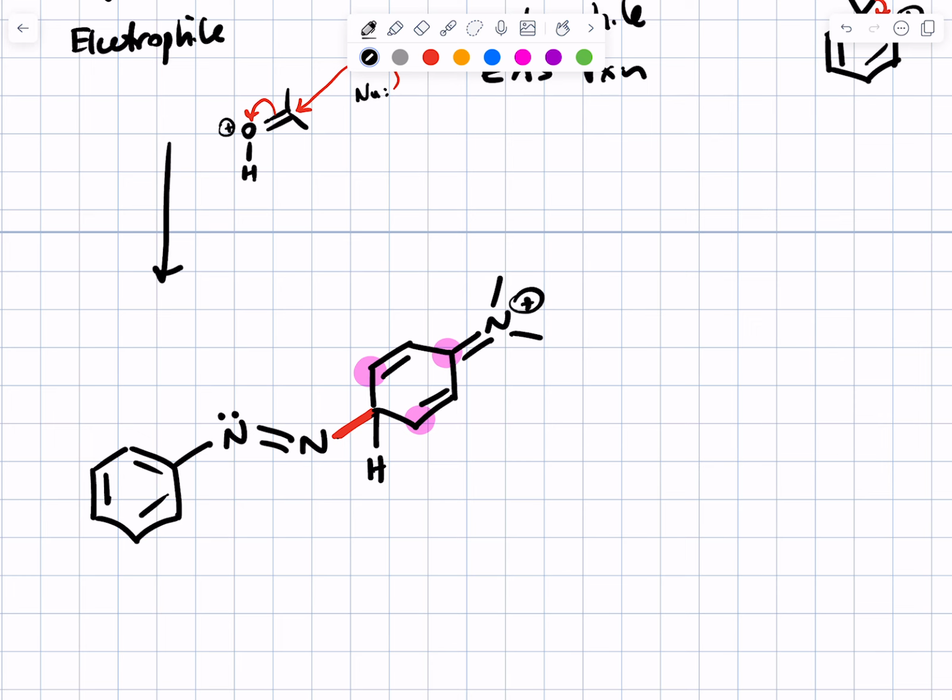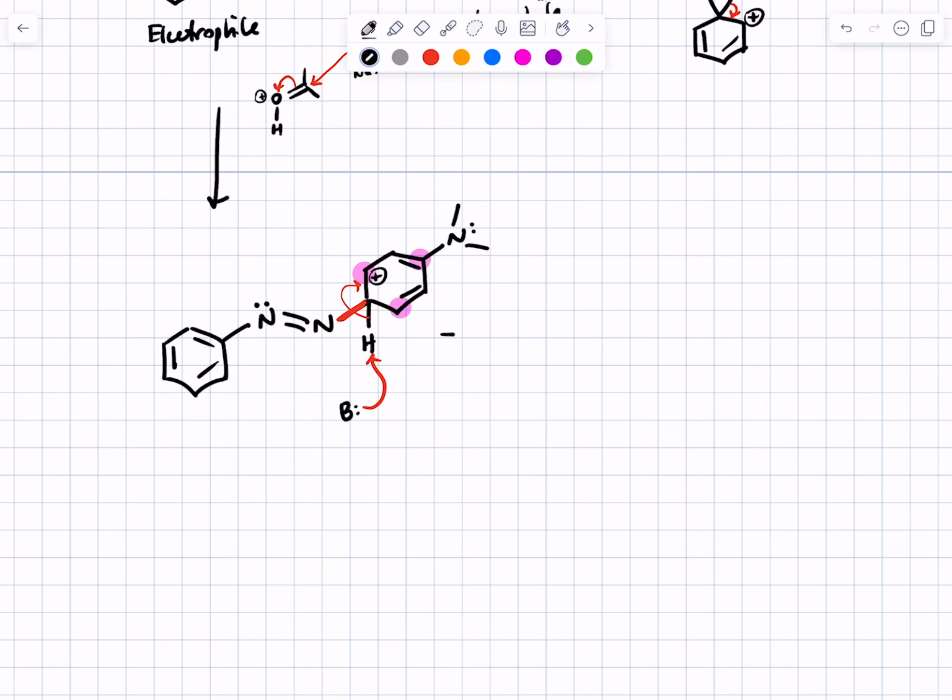Right? Okay, so that's the high energy intermediate. Then a base, and possibly the chloride counterion for the diazonium salt, will remove the proton, restore aromaticity, and then you will have made the new azo compound where you have coupled one benzene ring to another using the two nitrogens as a linkage.